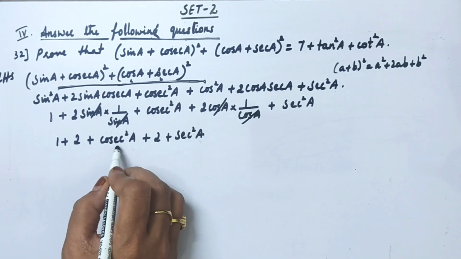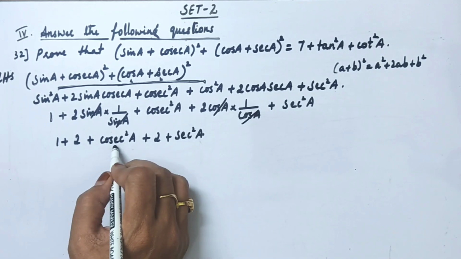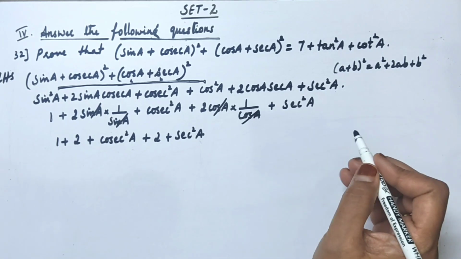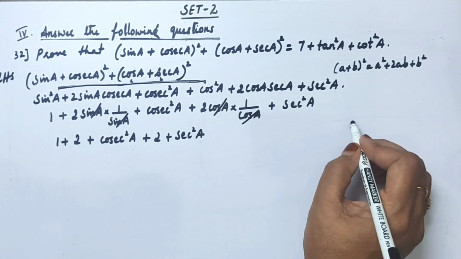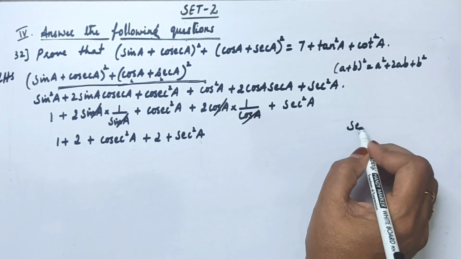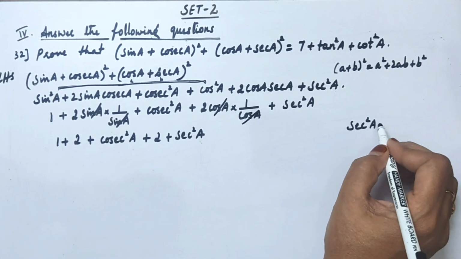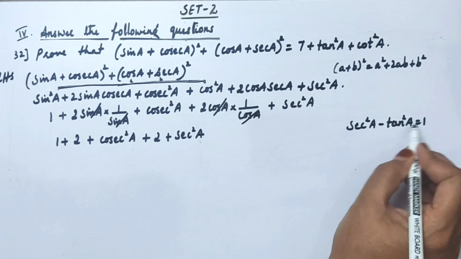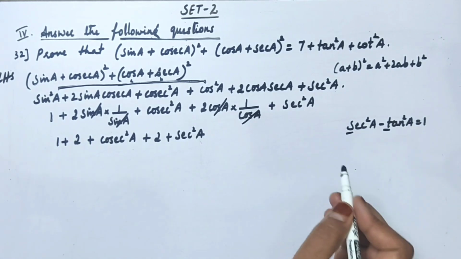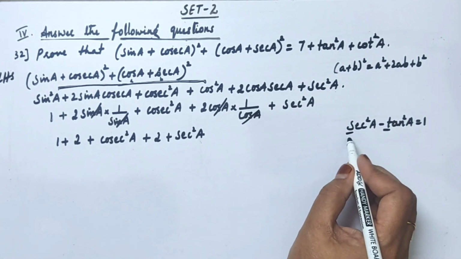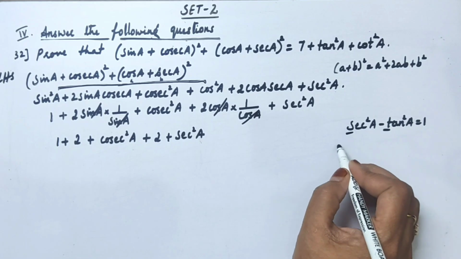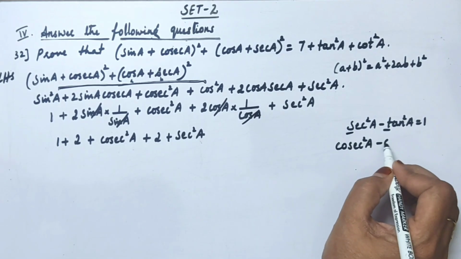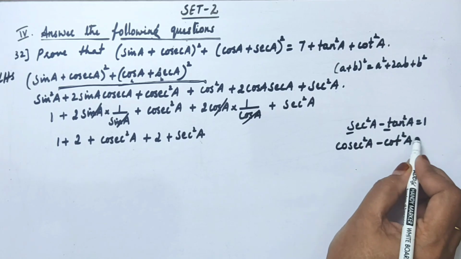Now we'll apply the identity for both cosecant square and secant square. Let us go with the alphabetical order, that is ST. ST, that is secant square minus tan square equals 1. This is the best way to remember it. Again ST, cosecant square A minus cot square A equals 1.